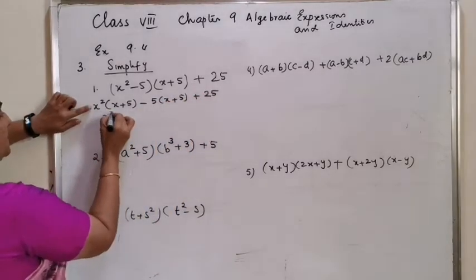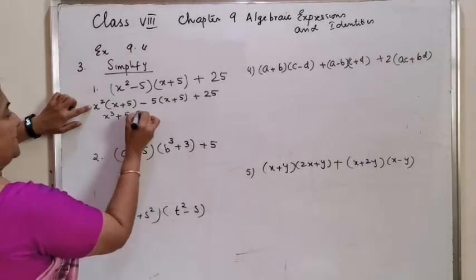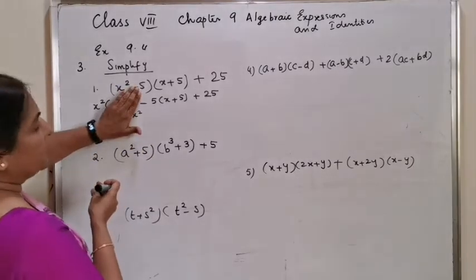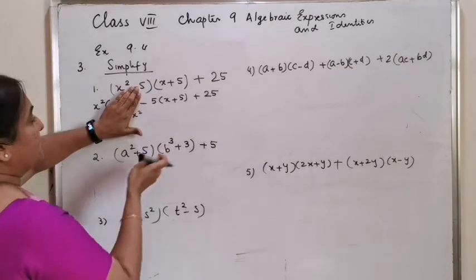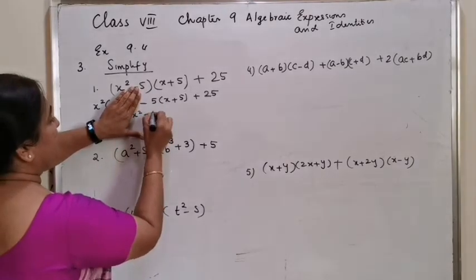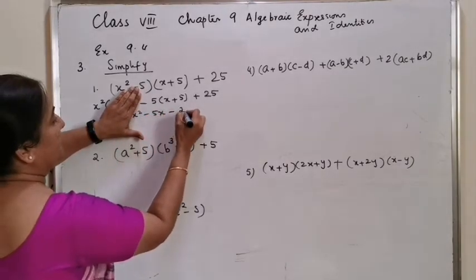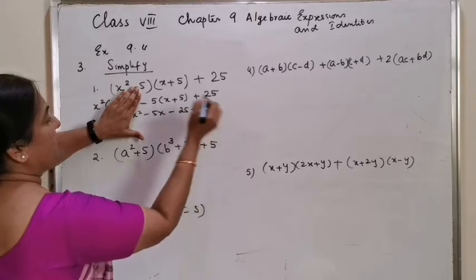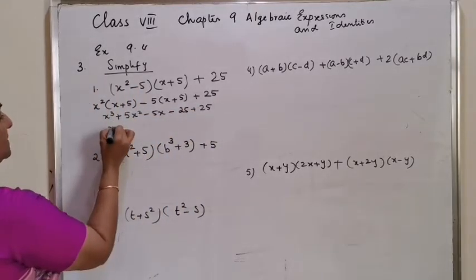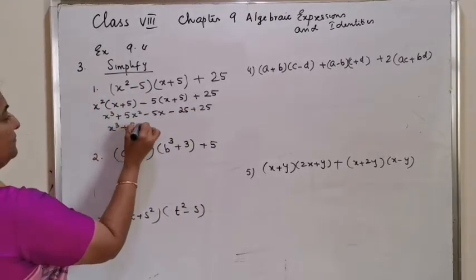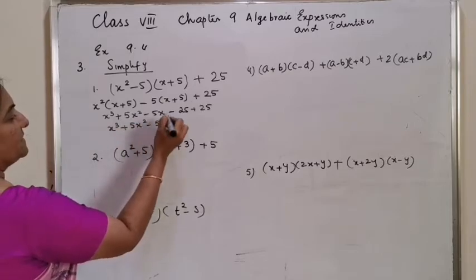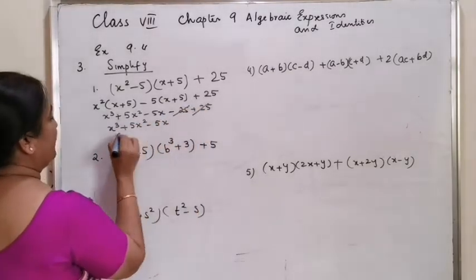It is x cubed plus 5x square. If you keep the hands like this here, you will not make a mistake with the sign. Minus 5x minus 25 plus 25. X cubed plus 5x square minus 5x, minus 25 and plus 25 get cancelled.